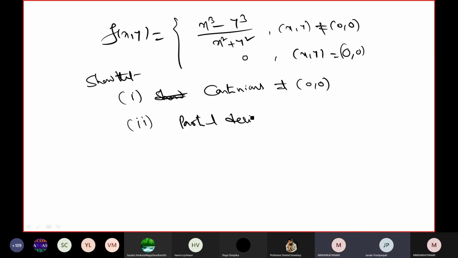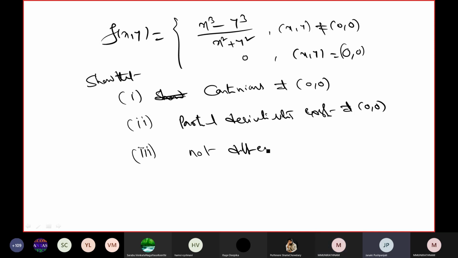Partial derivatives exist at 0 comma 0. Not differentiable at 0 comma 0.